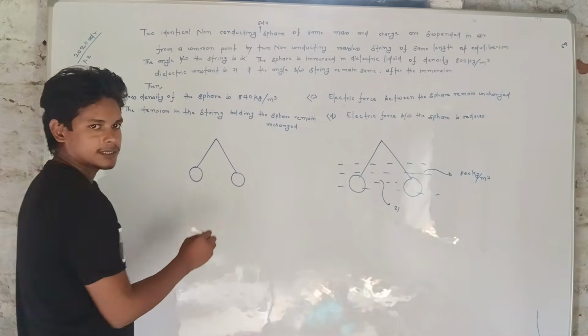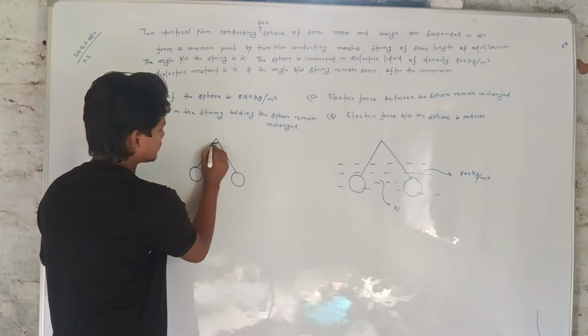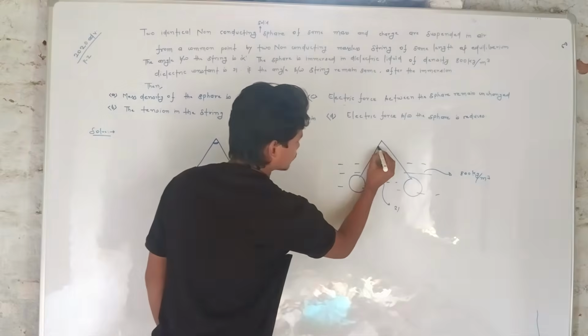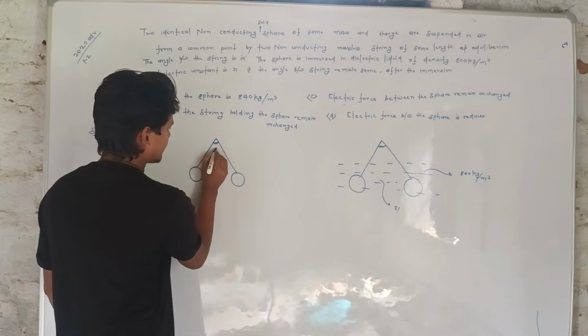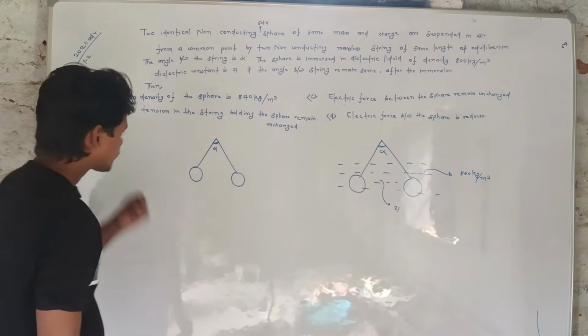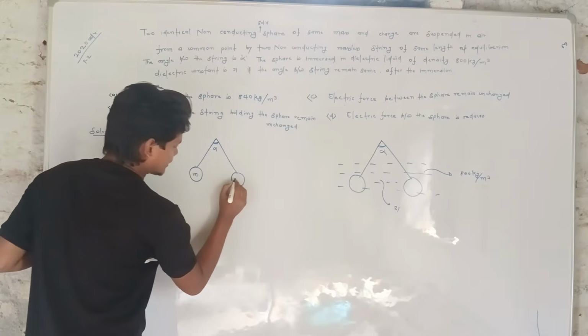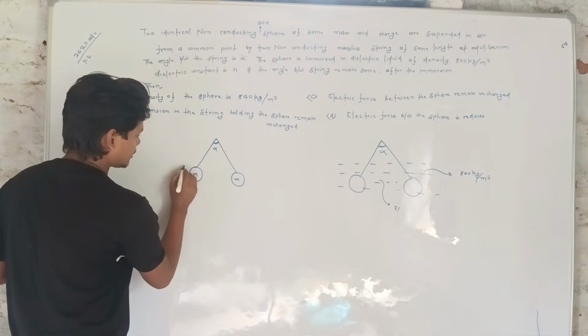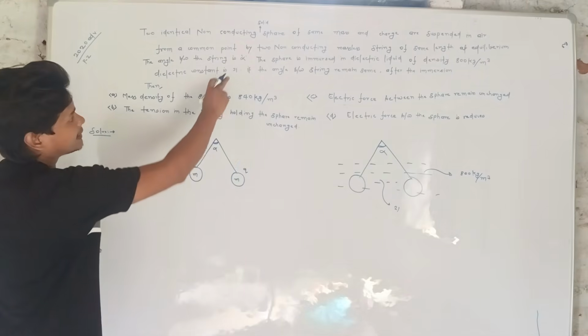In both situations it states that the angle of suspension is the same, in air and in liquid, that is alpha. The mass of both spheres is the same and the charge is also the same. In the given question it says that.